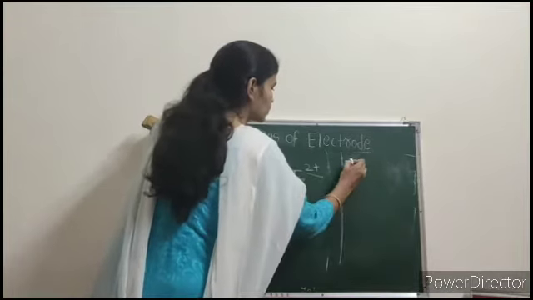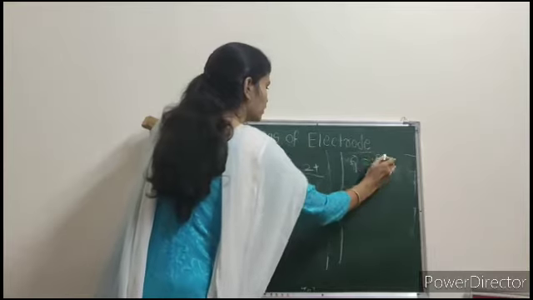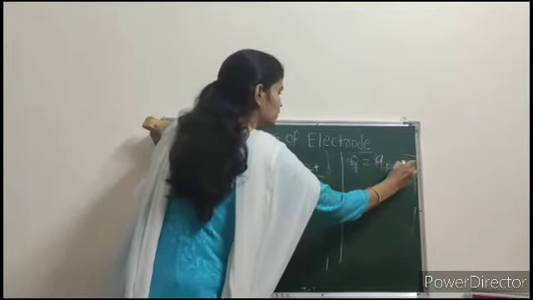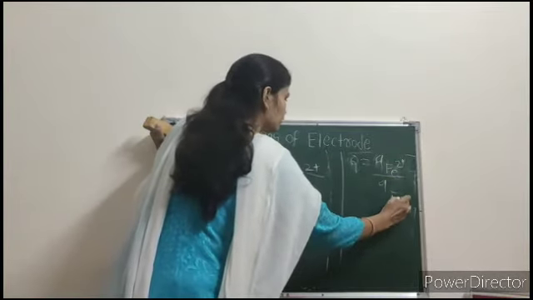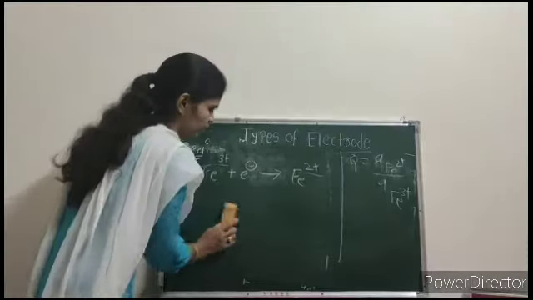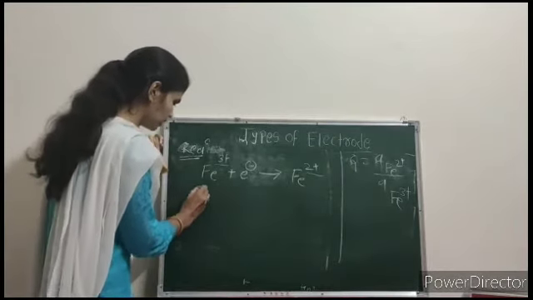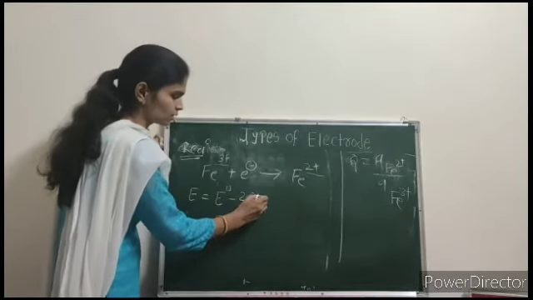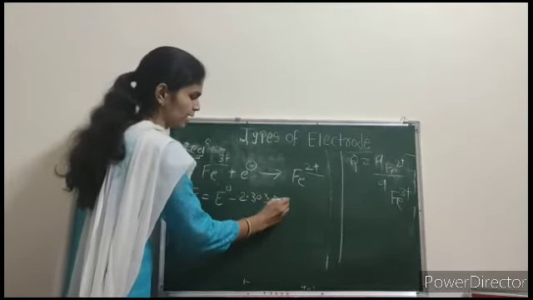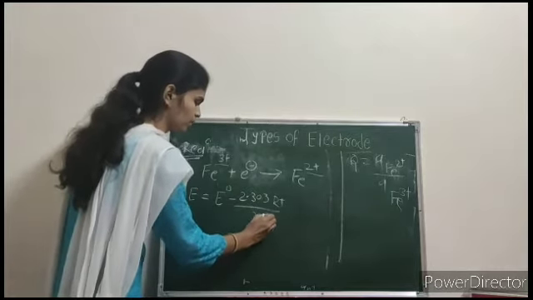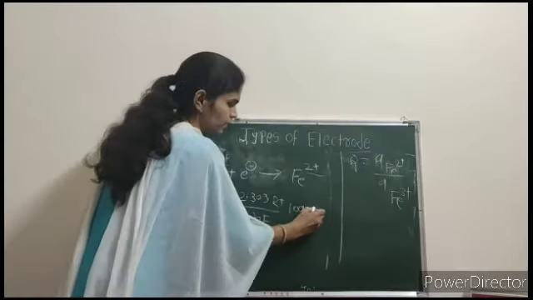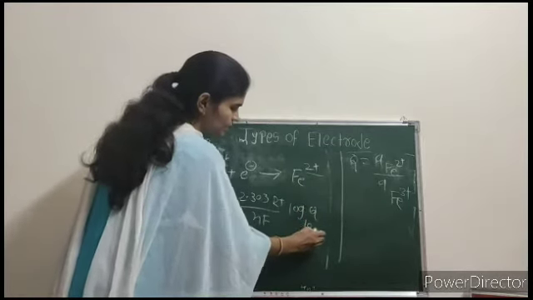Now the Nernst equation becomes E is equal to E naught minus 2.303 RT upon nF into log of Q to the base 10.